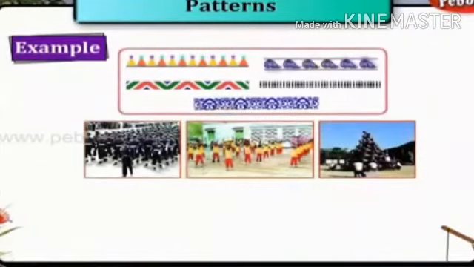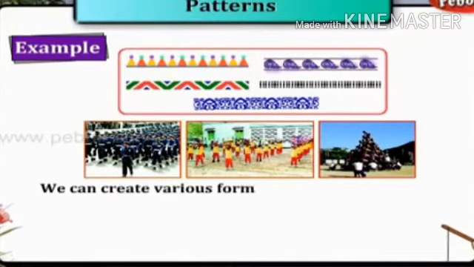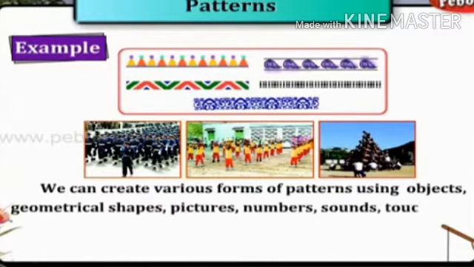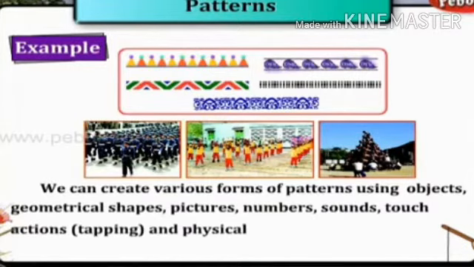Now look at these examples. We can create various forms of patterns using objects, geometrical shapes, pictures, numbers, sounds, touch actions like tapping, and physical actions like clapping and jumping.